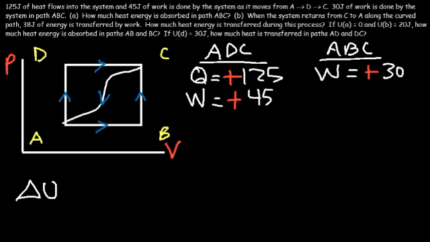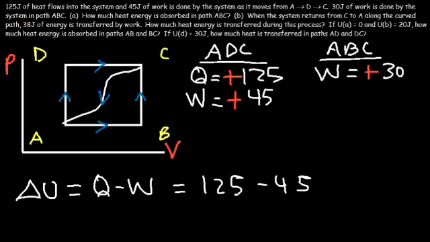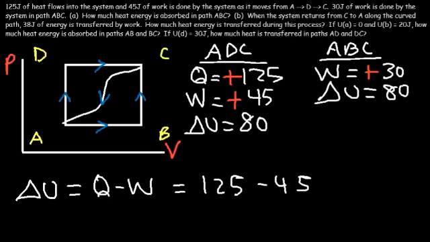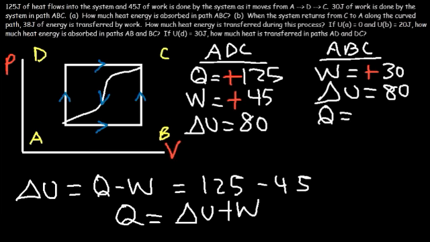Delta U is equal to Q minus W. So that's 125 minus 45, which is 80. So we can use this value for path ABC. Solving for Q, Q is delta U plus W. So that's 30 plus 80. So 110 joules of heat energy was absorbed in path ABC.